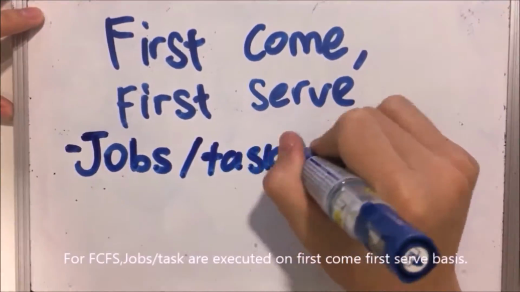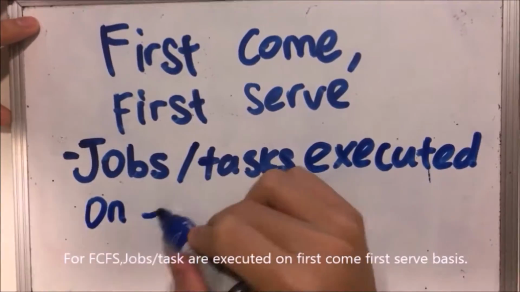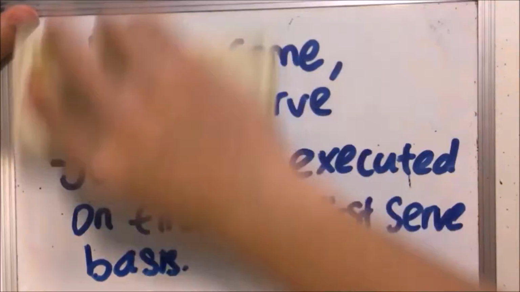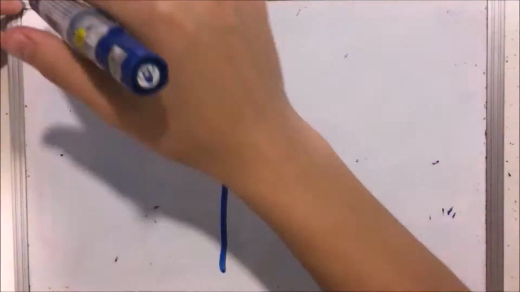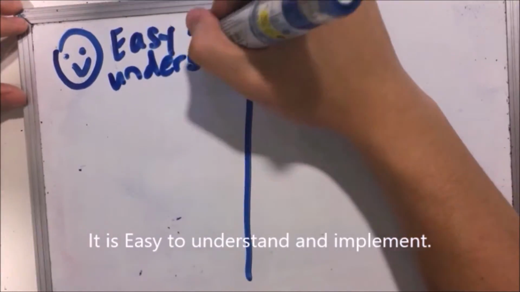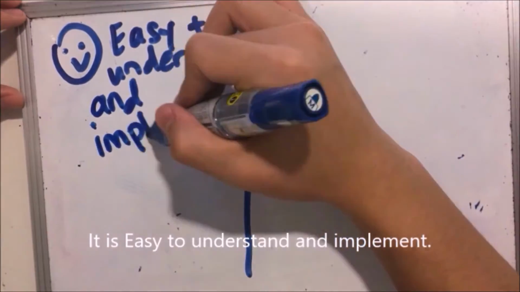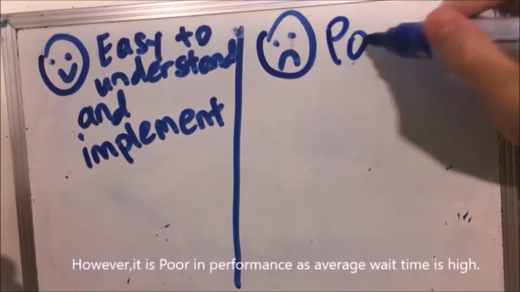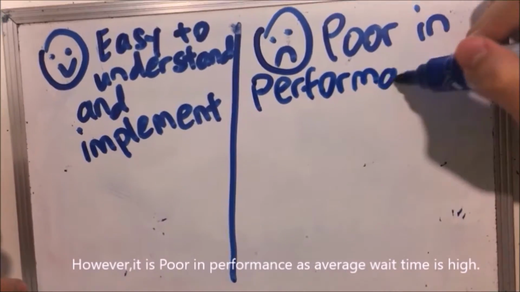For first come, first serve, jobs or tasks are executed on a first come, first serve basis. It is easy to understand and implement. However, it's poor in performance as average wait time is high.